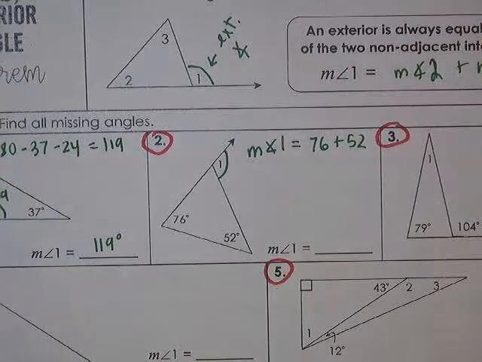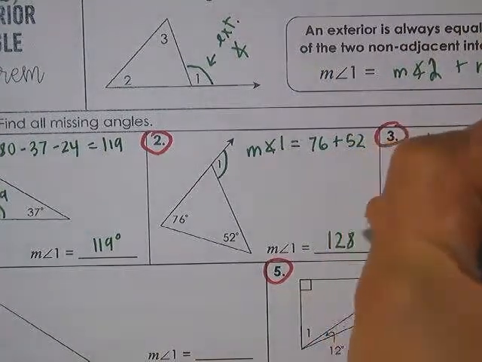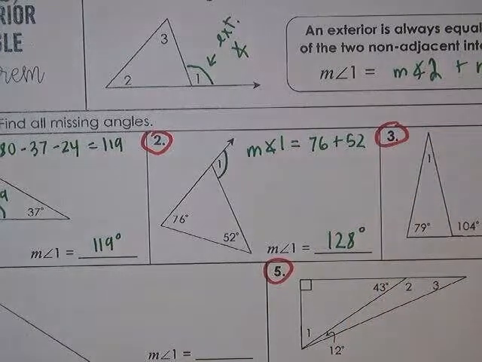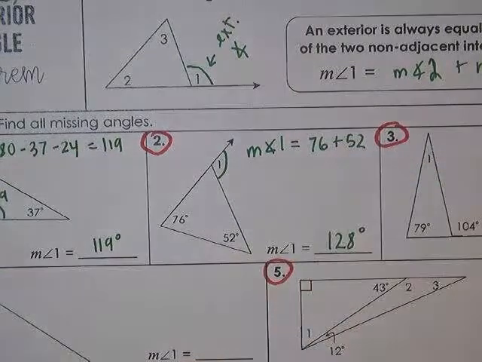When I add it together, that's going to be 128 degrees. So again, the exterior angle is equal to the angles that are away from it.